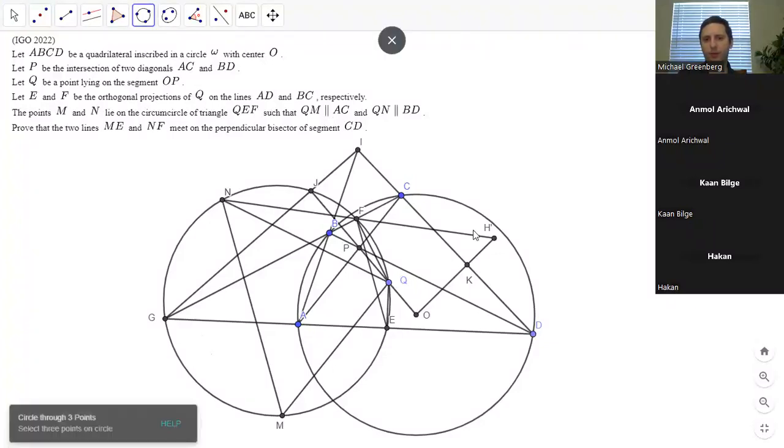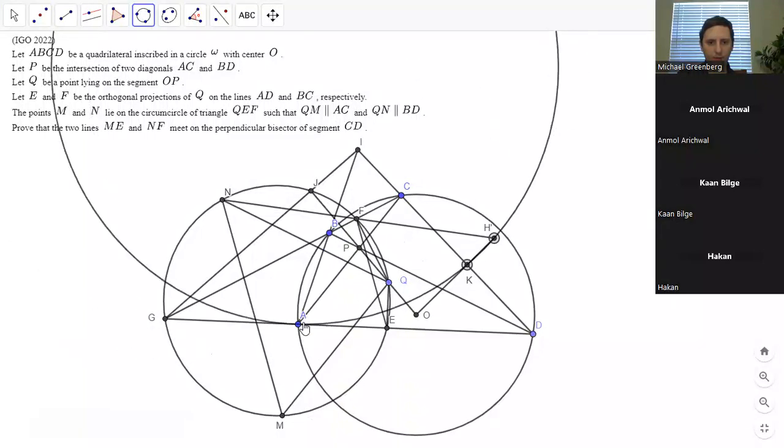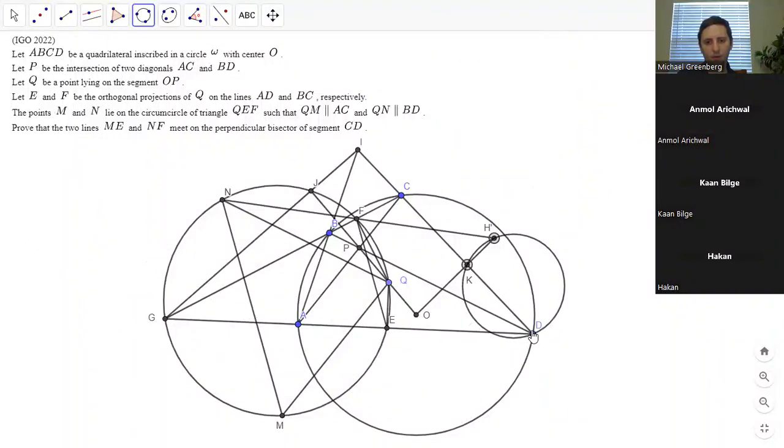I wonder if there's just something special about this point. Is there any other? I doubt that's actually tangent. Let's see.